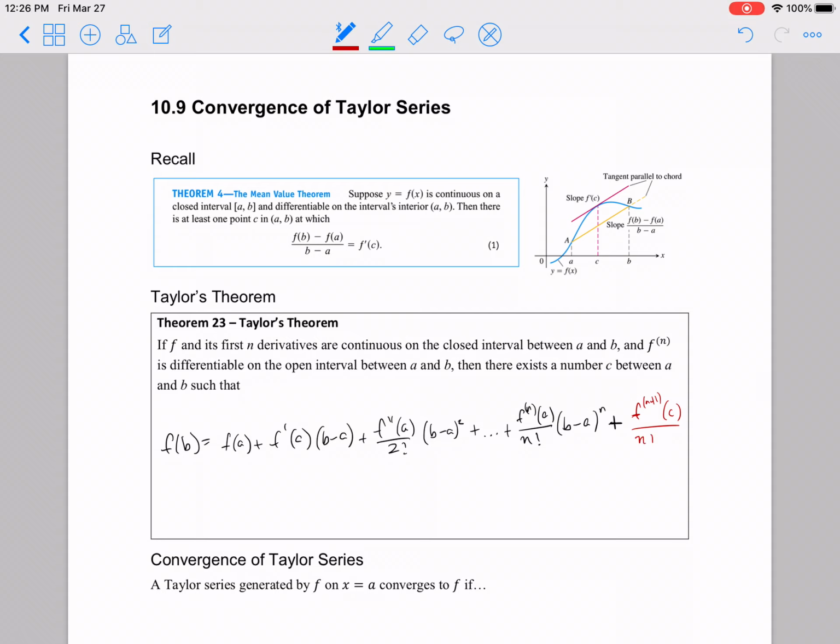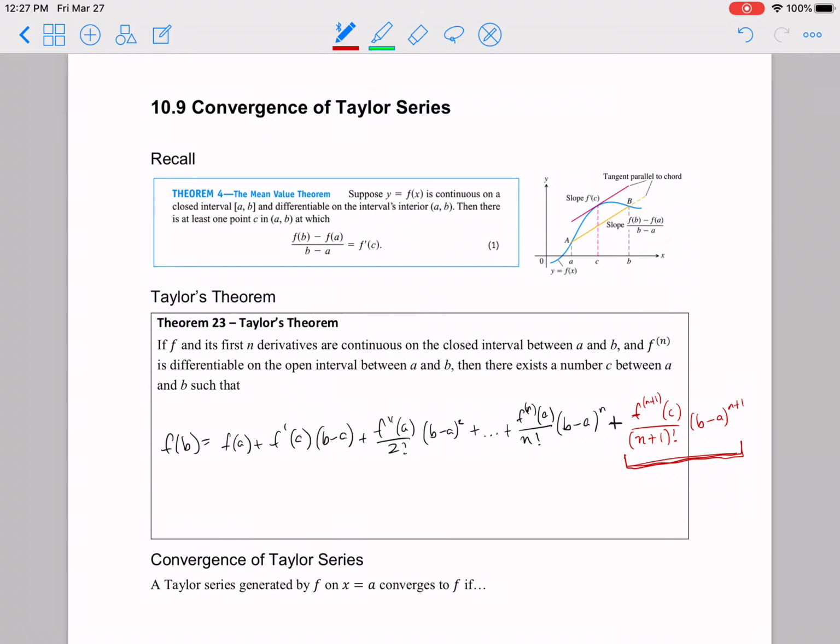There is such a point that exists, that when we find that value of c, we can do this, n plus 1, and we can actually stop there. And they're going to be exactly equal. And so essentially this little part here at the end tells us how much our Taylor series is off if we go n number of terms out. And so it's just about finding that.